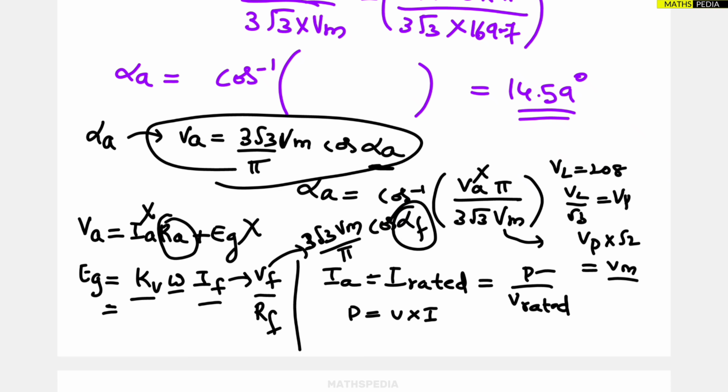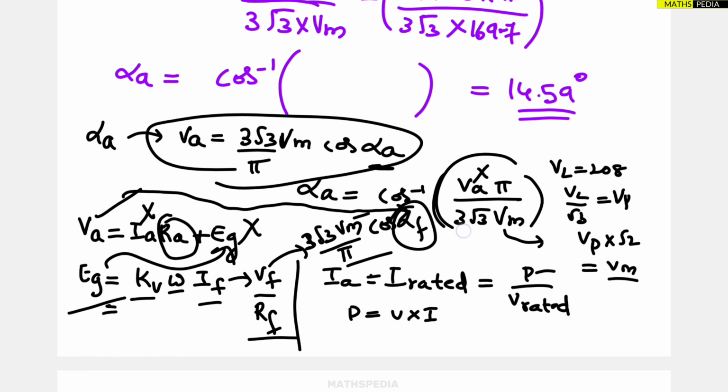This alpha f you have to consider 0, so this entire thing becomes Vm. You calculate VF, RF is given, then you can calculate EG, substitute back in this VA formula, get VA, then VA you substitute back in this formula to get alpha. This is the entire procedure. I hope you understood this procedure.